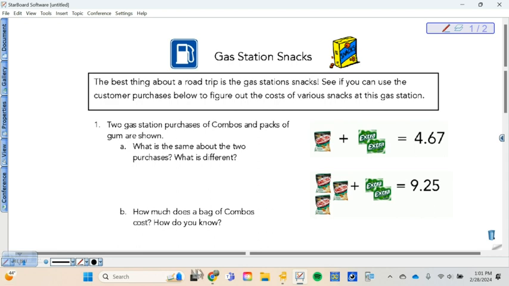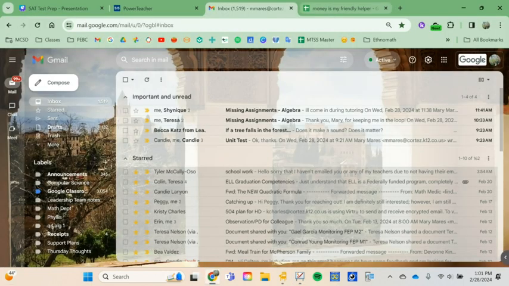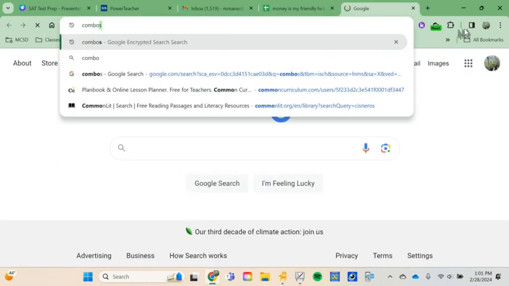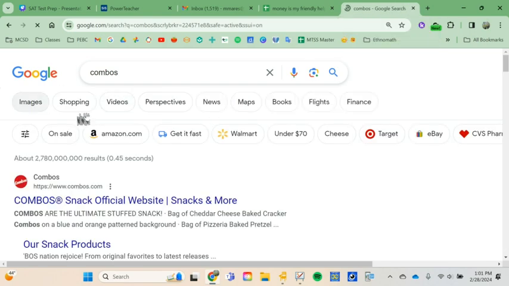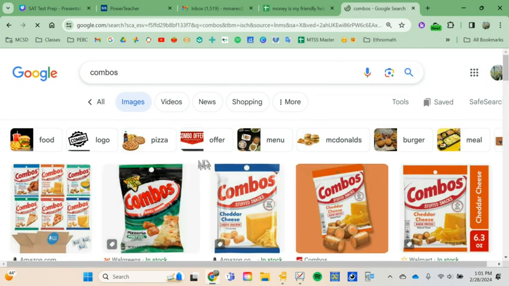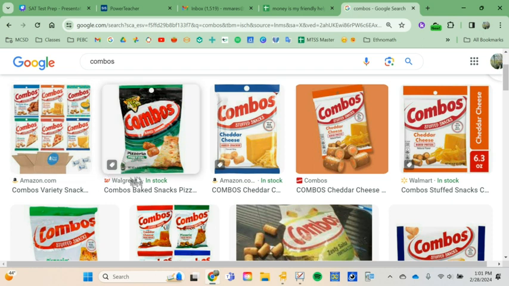They're kind of gross, honestly. These are combos. They got little cheese fillings in them or something.